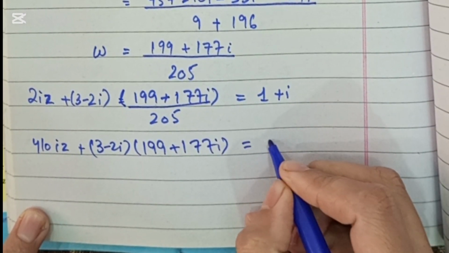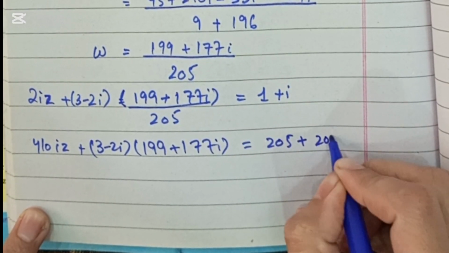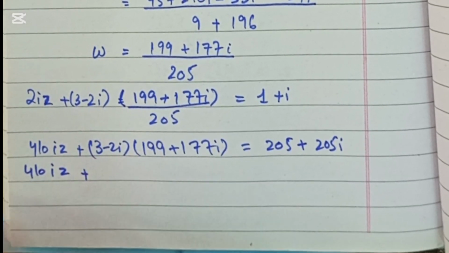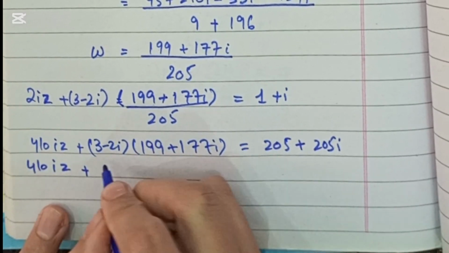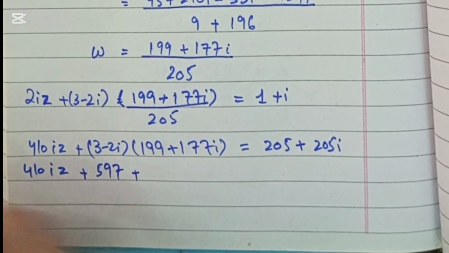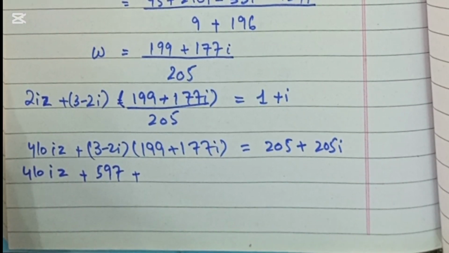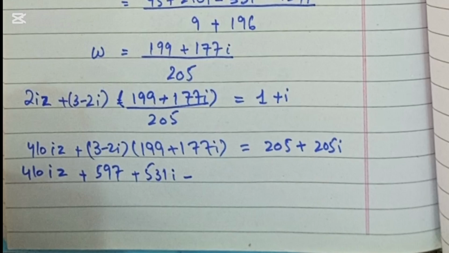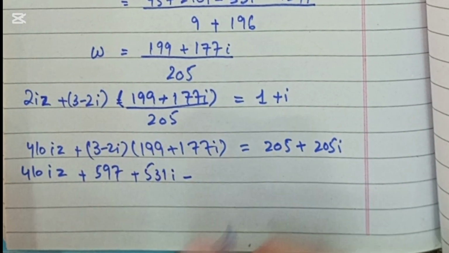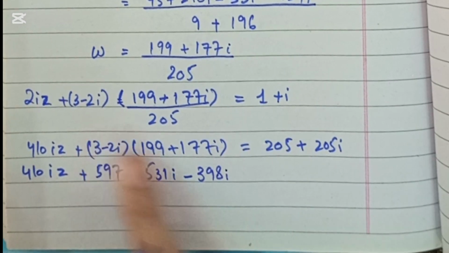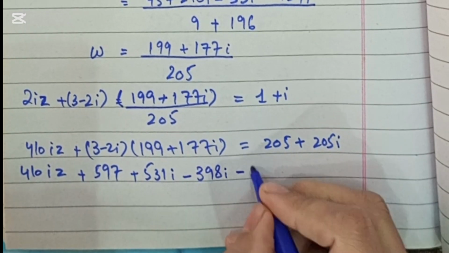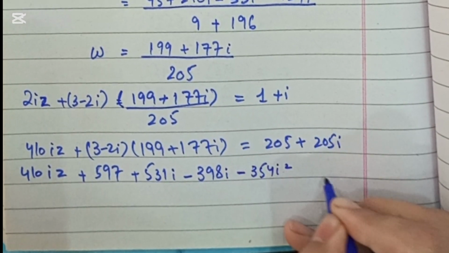And on this side, we will have 205 plus 205 iota. 3 into 199 is 597, plus 3 into 177 will give you 531 iota, minus 2 into 199 will give you 398 iota, minus plus is minus, and 2 multiplying with 177 will give you 354 iota square.